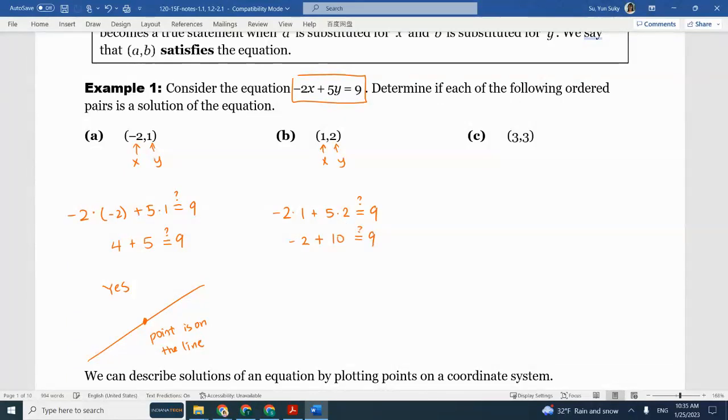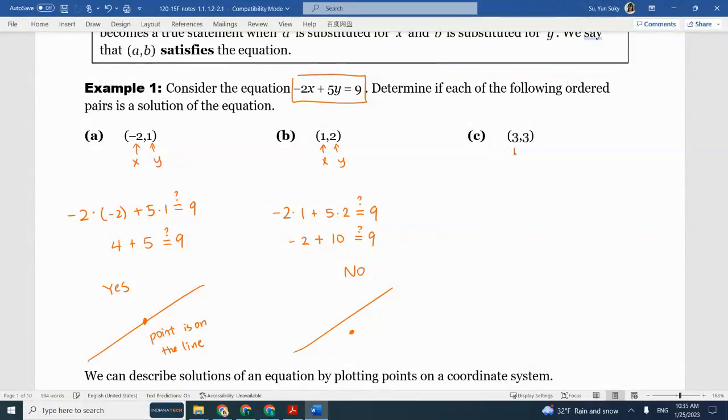Is it equal to 9? -2 plus 10 is 8. 8 is not equal to 9. So no. So what does that mean? That means the point is not on the line. Well, that is part B.